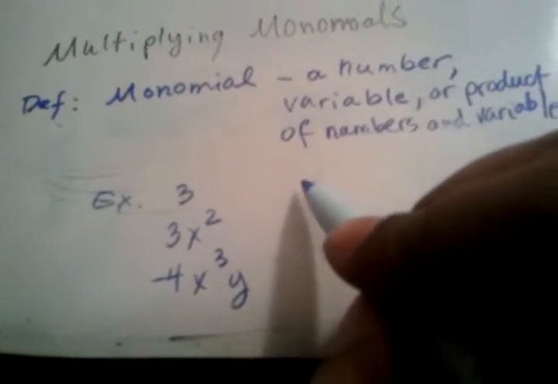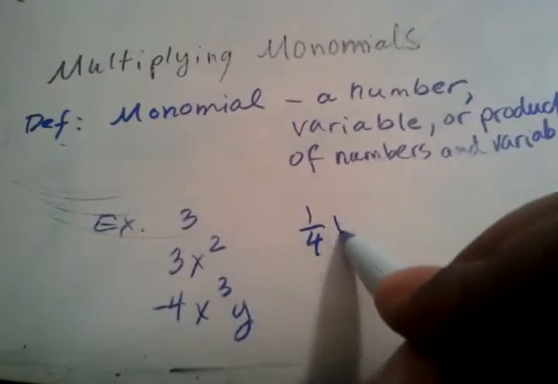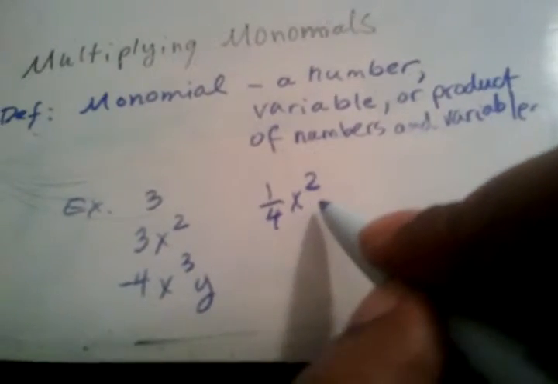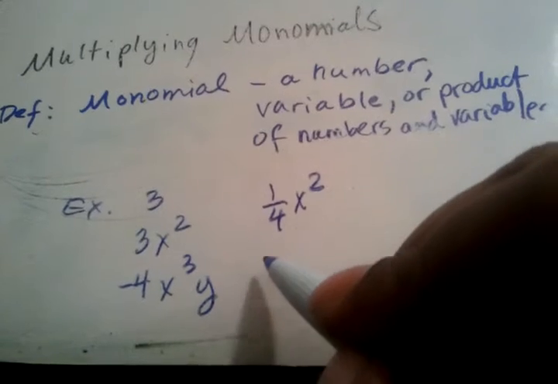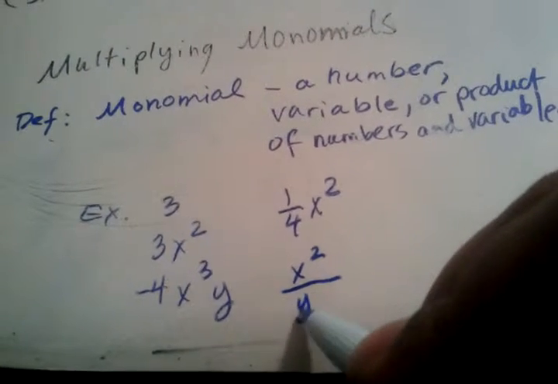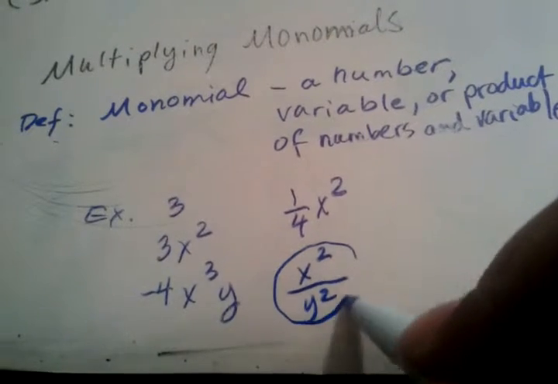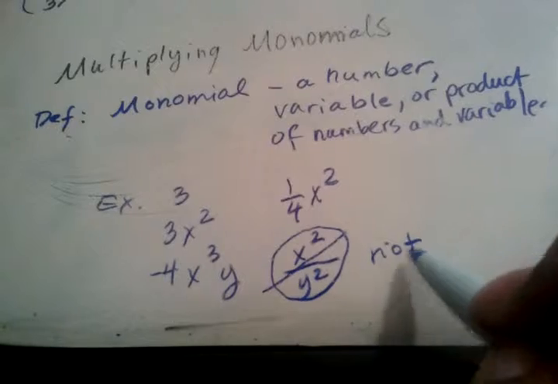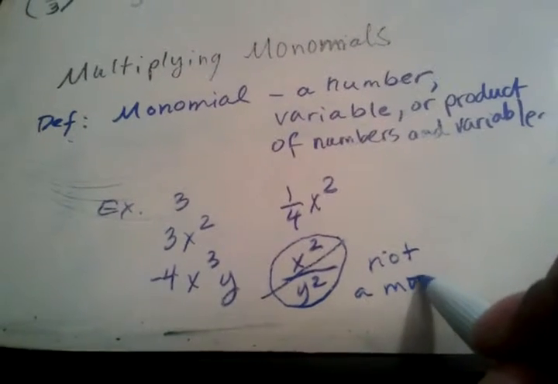This is also a monomial, 1 over 4x squared, because this is still a number multiplied by a variable. However, this is not a monomial. So we'll put a slash through that. Not a monomial.